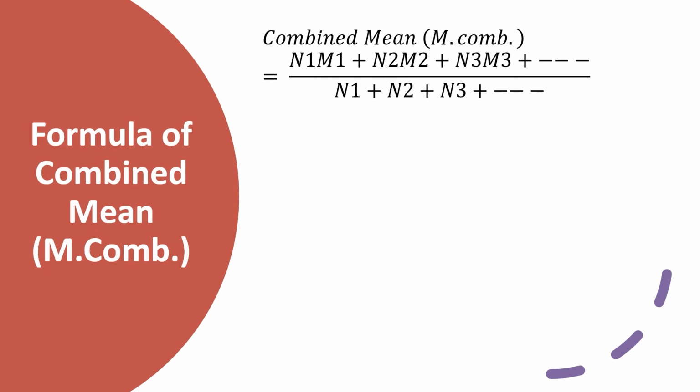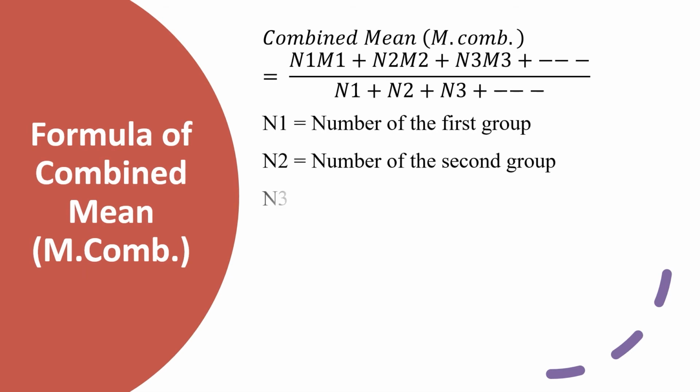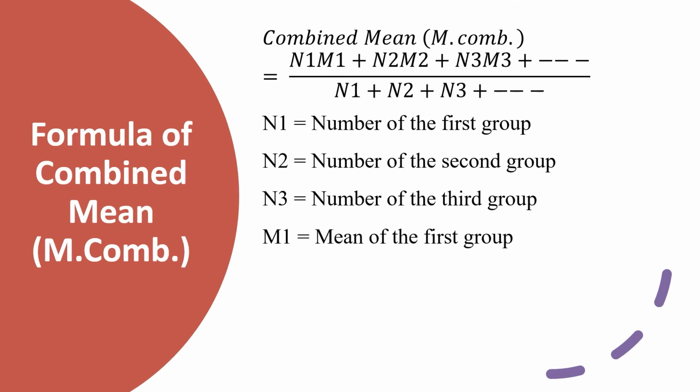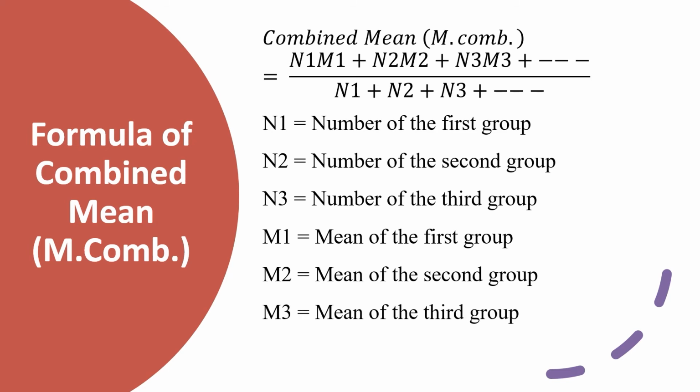N1 is the number of the first group, N2 is the number of the second group, N3 is the number of the third group. M1 is the mean score of the first group, M2 is the mean score of the second group, and M3 is the mean score of the third group. In this way, by using this formula, you can calculate the combined mean.